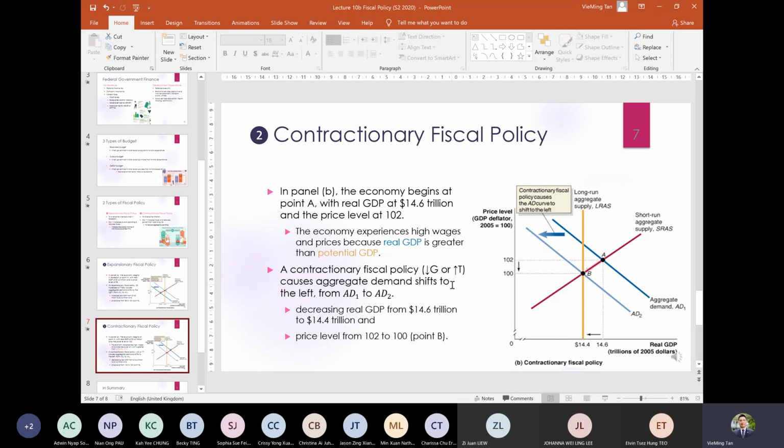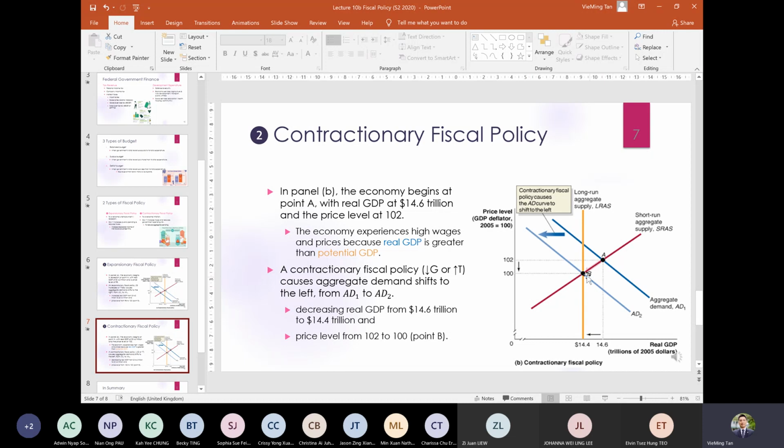The investment is also going to reduce. So once I, C, and G all reduce, this will shift the AD curve to the left-hand side. And where is the new macroeconomic equilibrium point now? It's here, point B, the point where the short-run AS curve intersects with the aggregate demand curve.